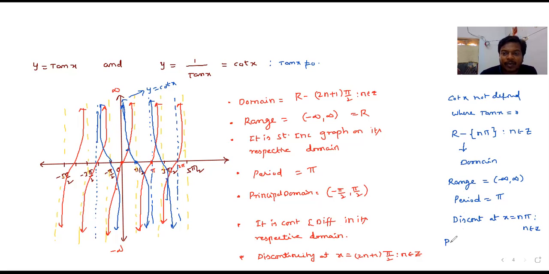Next, principal domain. What is principal domain? Observe, the principal domain of this function is clearly this part. From 0 to pi, it is strictly decreasing. Open 0, open pi, and it is a strictly decreasing graph.